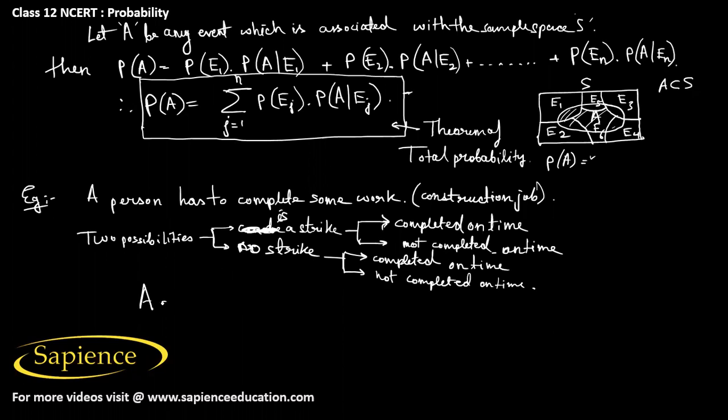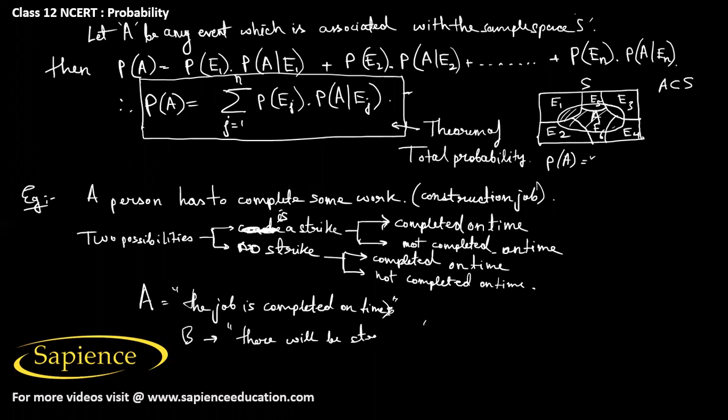Let's say A is the event where the job is completed on time, and B is the event where there will be a strike.